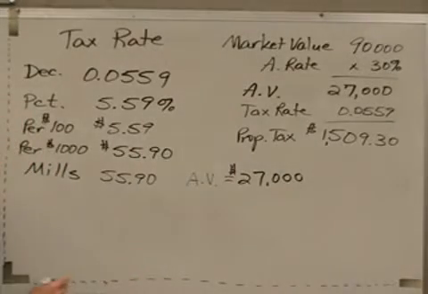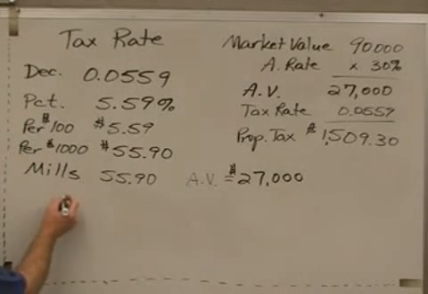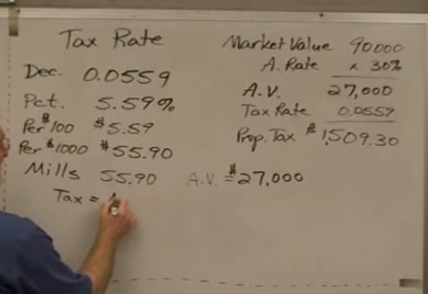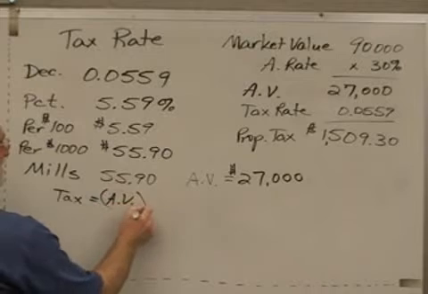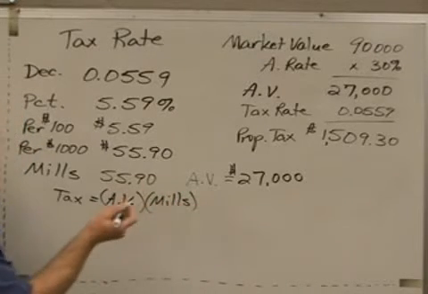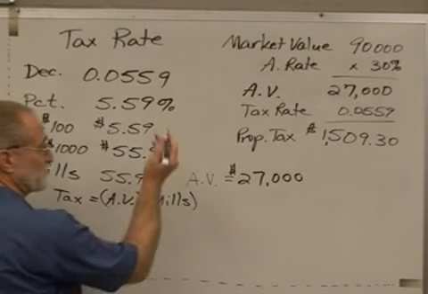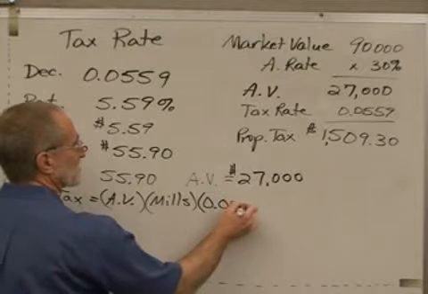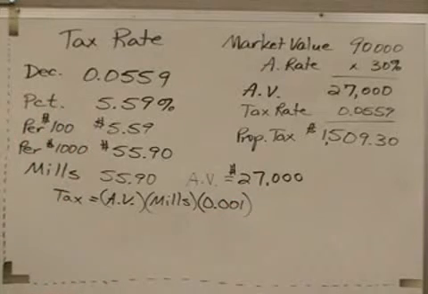Well, there's a formula in the book that says to find the tax, you take the assessed value and you multiply it times the mils, and then you divide that by 1,000, since mils means per 1,000. But another way of dividing by 1,000 is multiplying by 0.001.